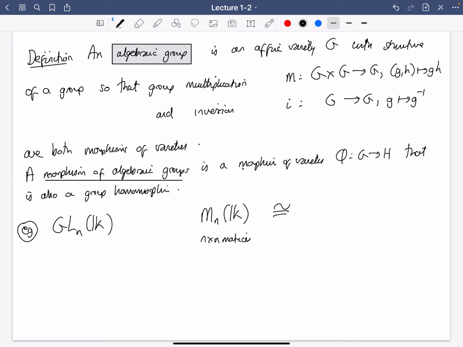That's an affine variety. It's just a copy of affine n squared space. An n by n matrix has n squared entries, so it's the same as an n squared tuple of elements of the field. So this is affine.